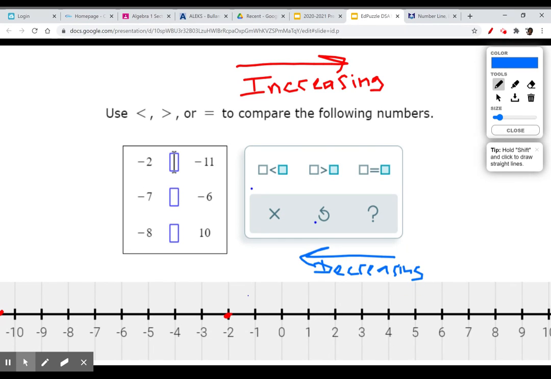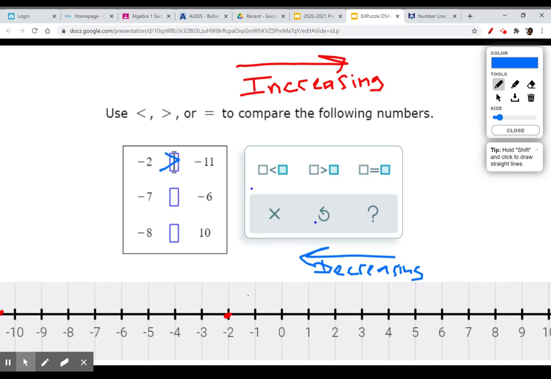Therefore, if we're going towards the right, then -2 is in fact greater than -11. So I'm going to make it greater by putting that symbol like so. -2 is greater. And the greater symbol always eats the larger number.